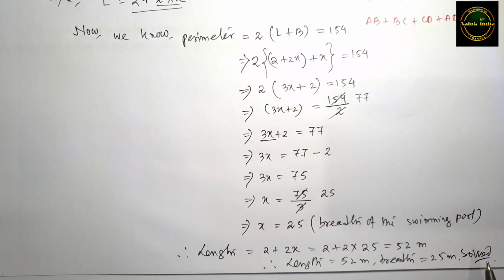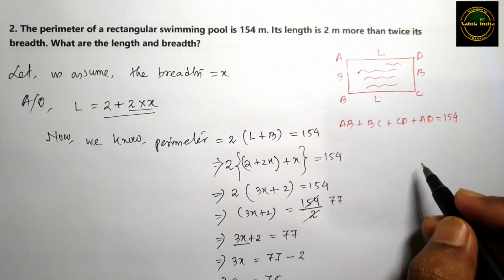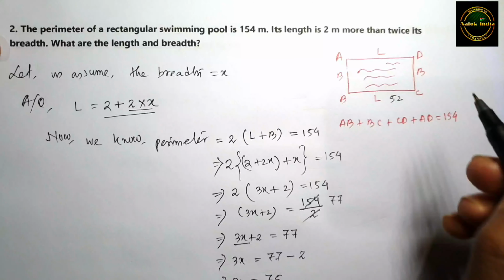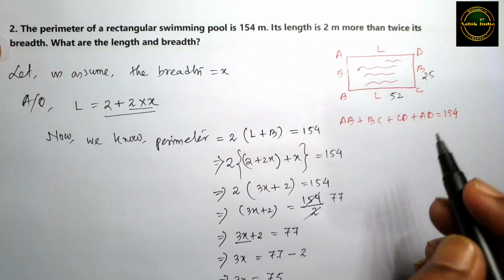Now whether our answer is correct or not, for that our maths is already solved over here. Just for verification, we'll check again with the help of the testing method. So let's try it here. Here we got the length 52 and the breadth we got as 25.